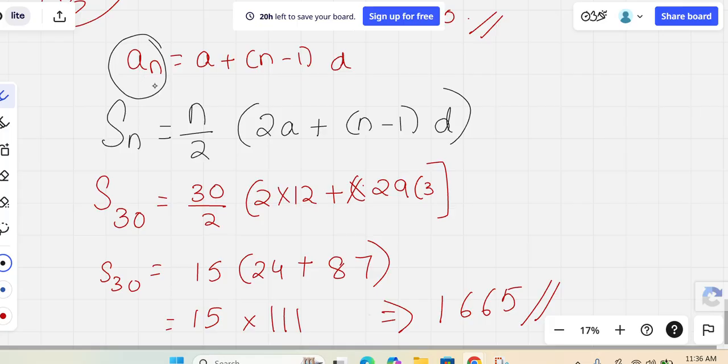But here you are finding the sum of all the terms of an AP. Is that clear? So that is the difference. Yes, ma'am. Did you get it? Yeah.